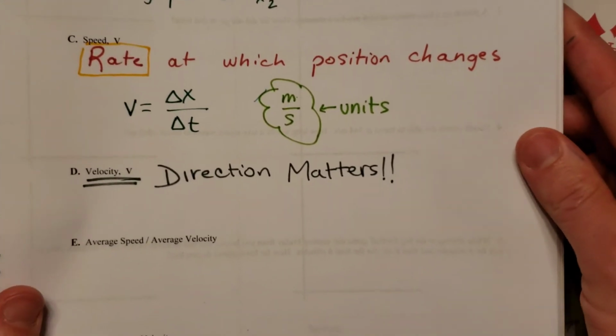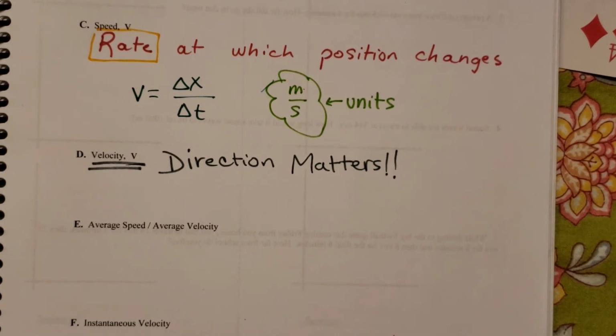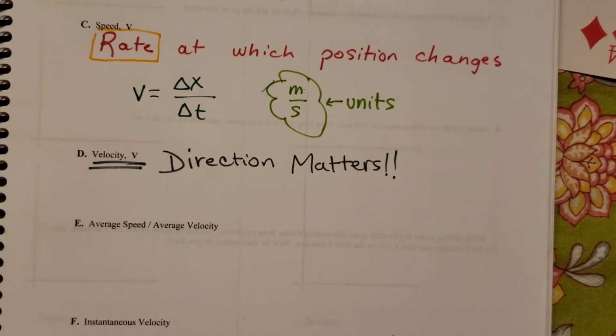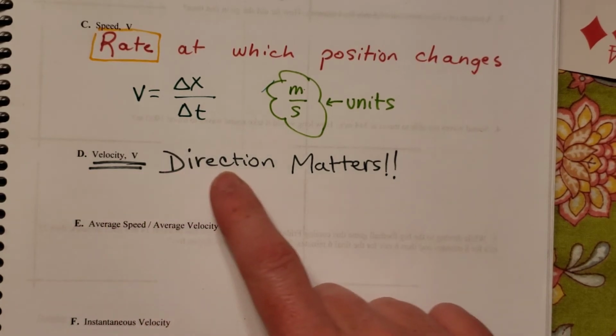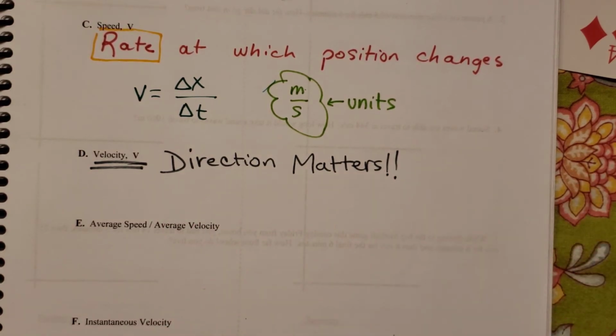And all of a sudden, am I driving east on the belt line or west on the belt line? Am I throwing that ball upward or am I letting that ball drop downward? Direction is going to matter, especially a little bit later when we're talking about stuff like forces. All of these directions are going to be important. And so speed and velocity, they really are exactly the same thing, except now we care about the direction.